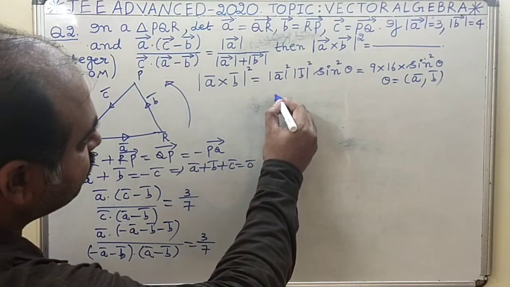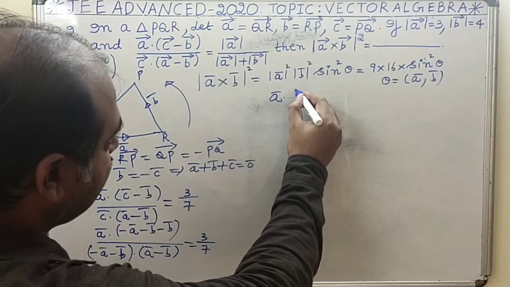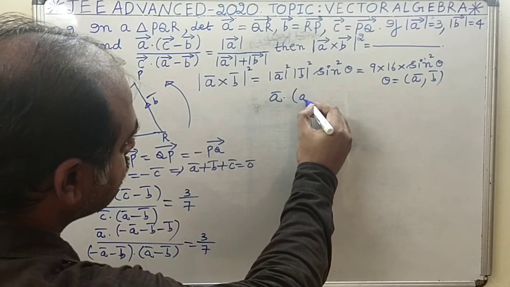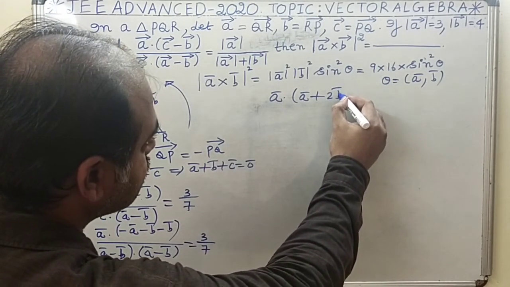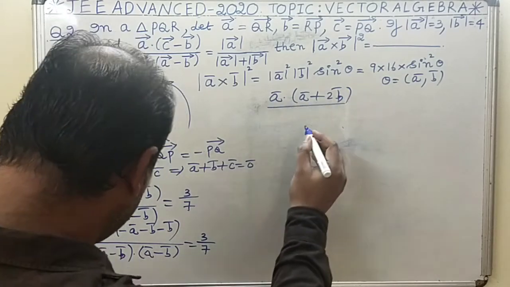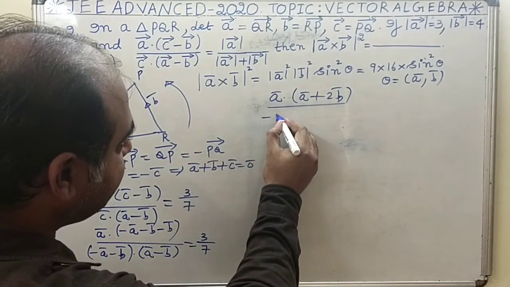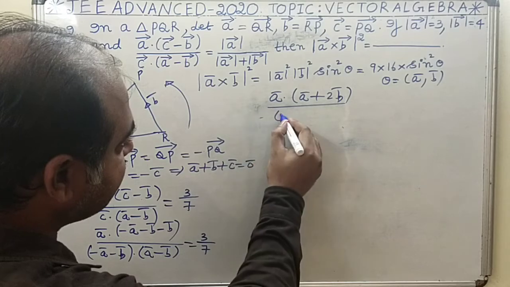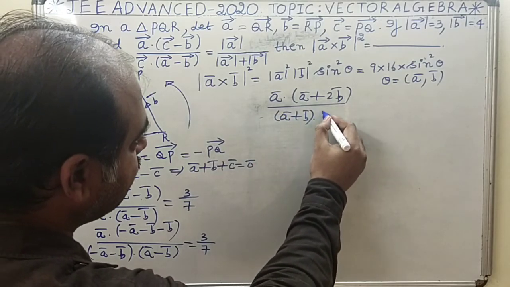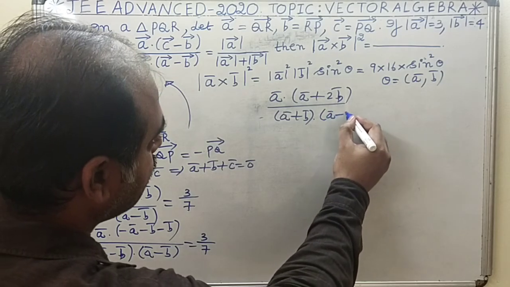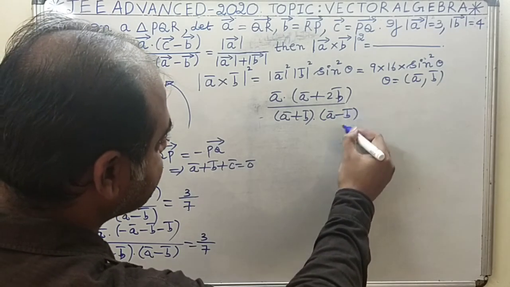That gives you A bar plus B bar dot A bar minus B bar, with minus of minus taken common.